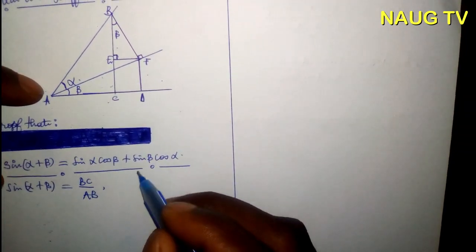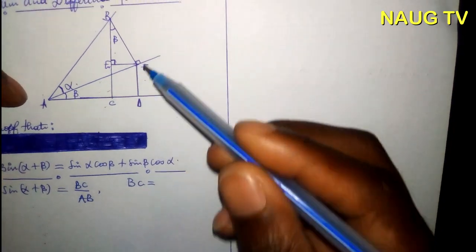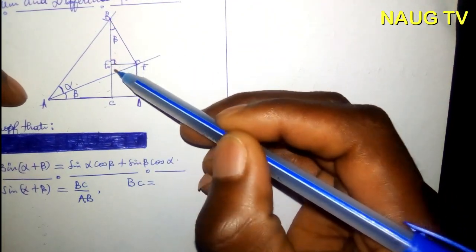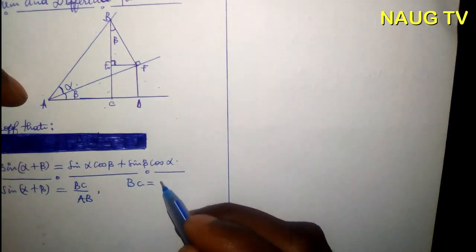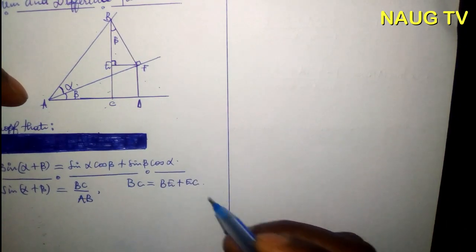But also we can say BC is equal to BE plus EC, right?